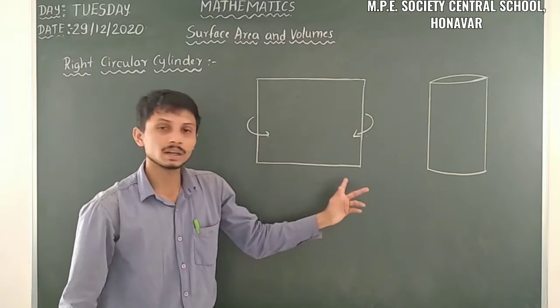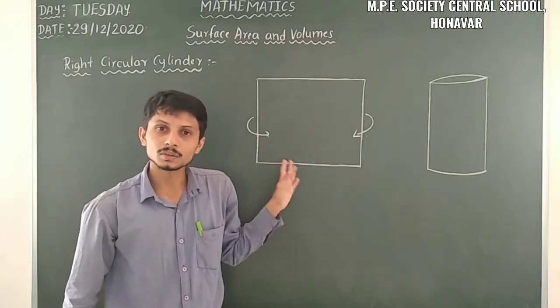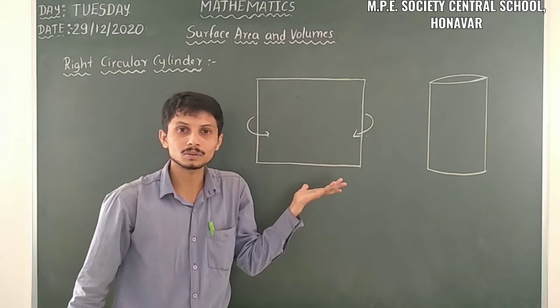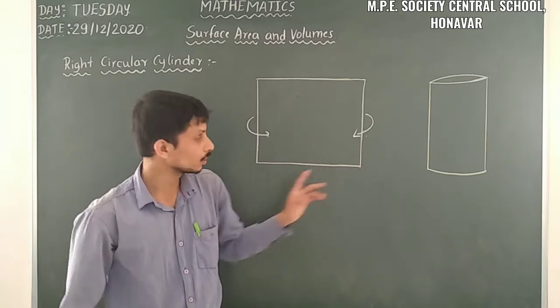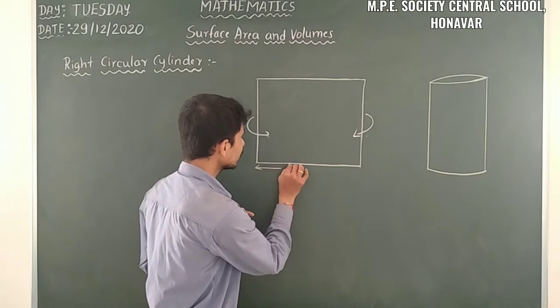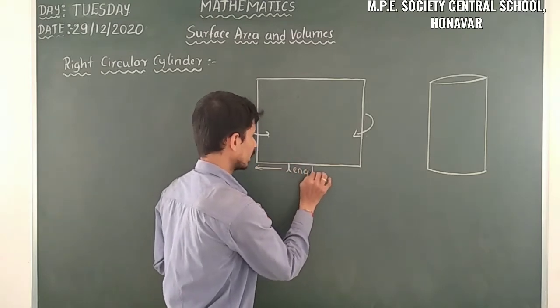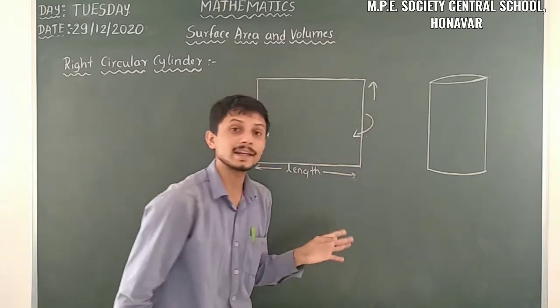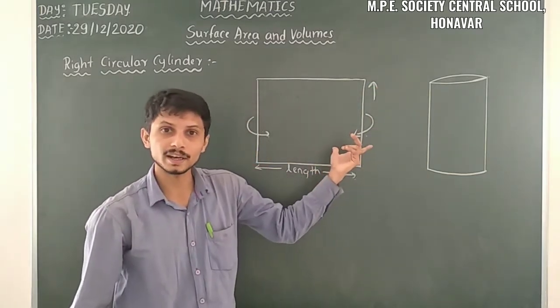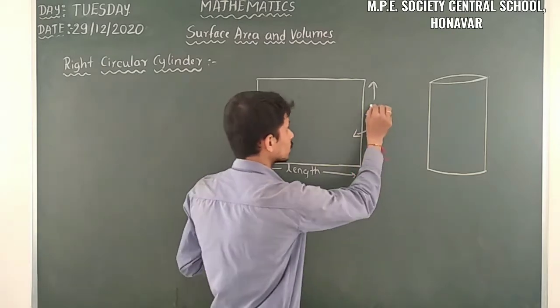That is, a rectangle means we have the area. So we write the formula of area, that is length into breadth. Here we call this length, L, and this one we can call breadth or height. Better we write it as height here.